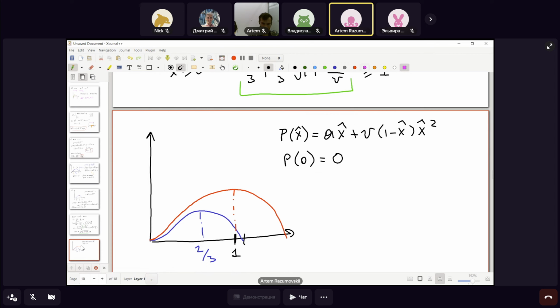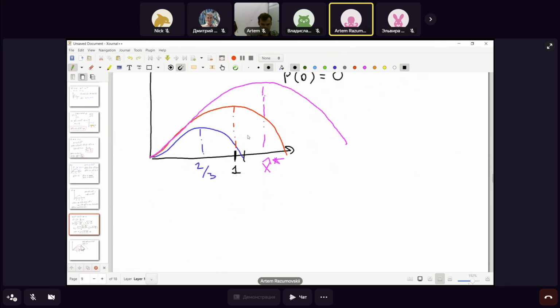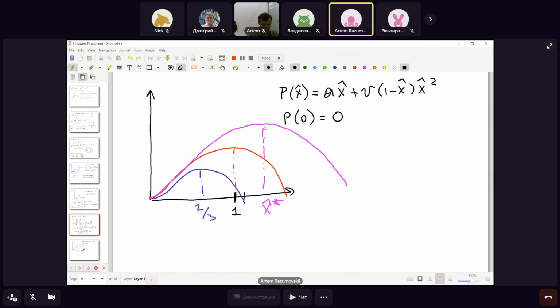But what will happen if I have it somewhere here, so that this is our point x hat star? By star we denote this one. So then what will be the maximum price available on the platform?